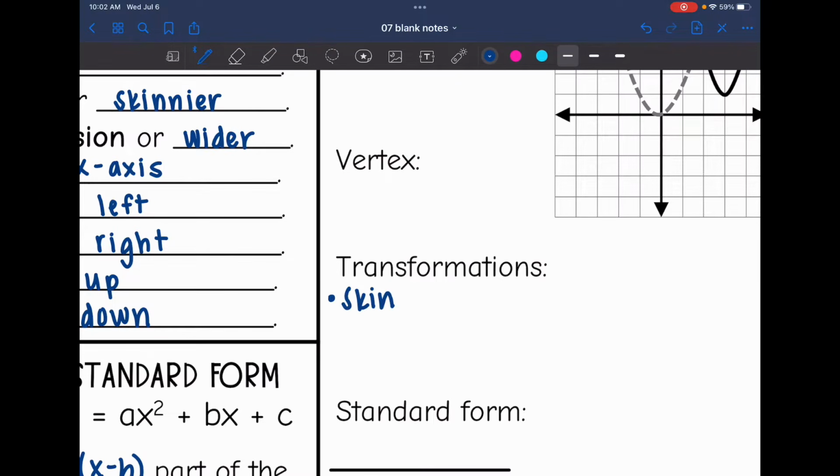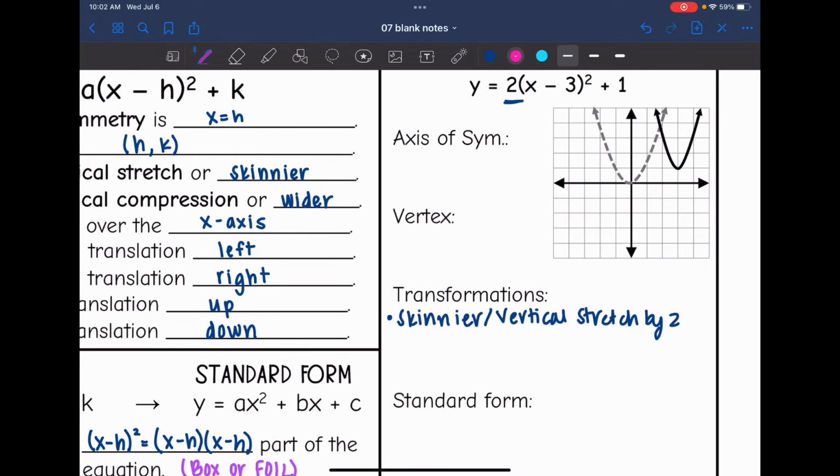We can say it is a vertical stretch by a factor of 2. Okay, then remember the number inside the parentheses controls the left or the right, and that would be minus 3. So it's the opposite of what we would think. It would be right 3, which it looks like this parabola did move to the right.